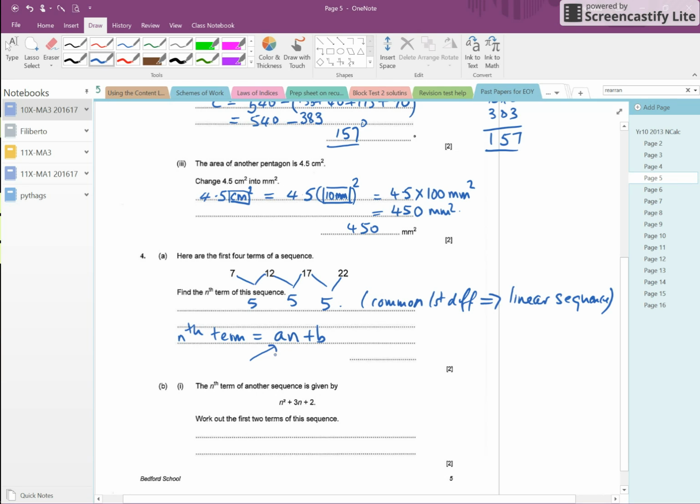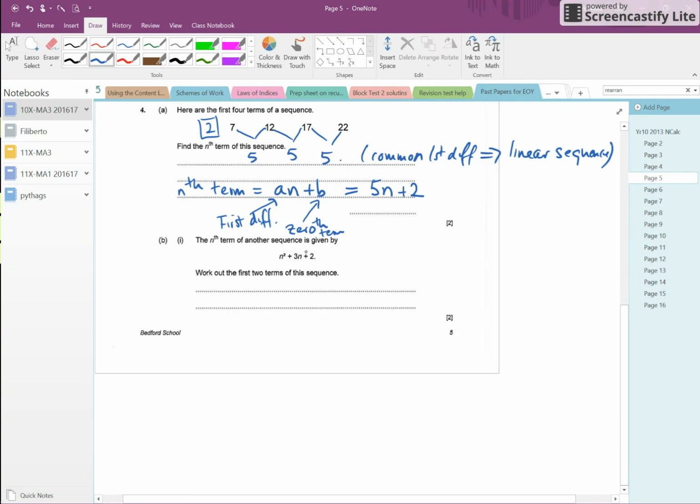Now this a here is the first difference. Now this b is the 0th term, which is the term before the first term. And these are coming down in 5, so 22, 17, 12, 7. So this is going to be 2. So our nth term is going to be a, which is the 5, n, plus the 0th term, 2. So 5n plus 2.